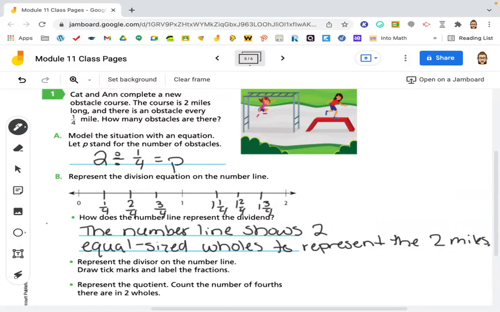Then it says represent the divisor on the number line, draw check marks, and label the fractions. I already did that.